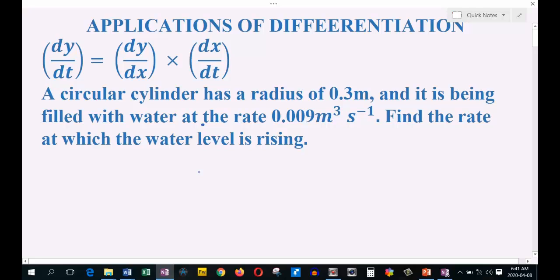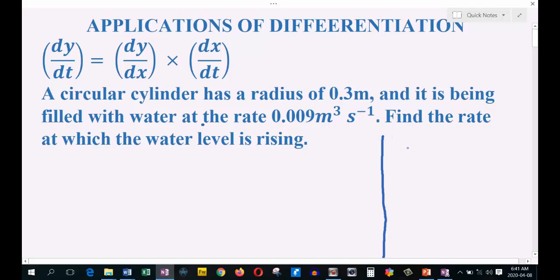Our next example says a circular cylinder has a radius of 0.3 meter and it is being filled with water at the rate of 0.009 meters cubed per second. Find the rate at which the water level is rising. Now, before we solve this, I want us to have an idea of what a cylinder looks like. We have to picture this at the back of our mind. I will draw it here.